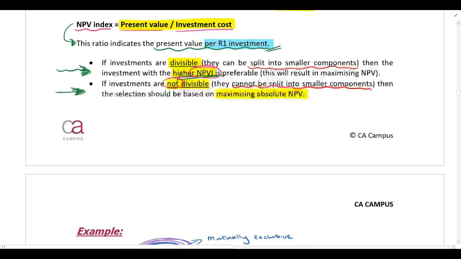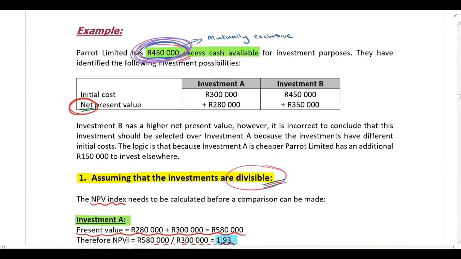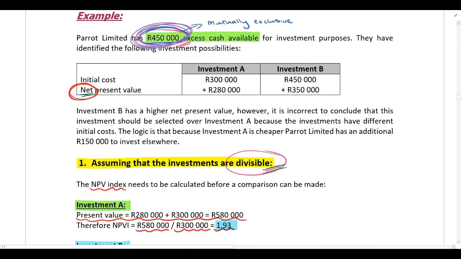So guys, please note, if it's not divisible, you do not calculate the NPV index. Instead, you just focus on maximizing the absolute net present value. So which investment had the higher absolute net present value?